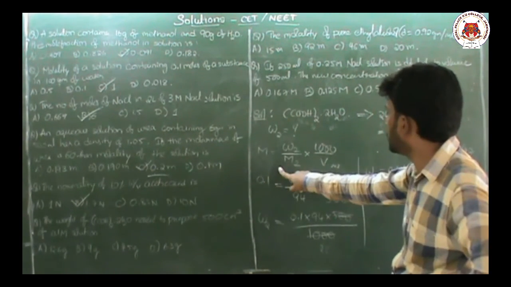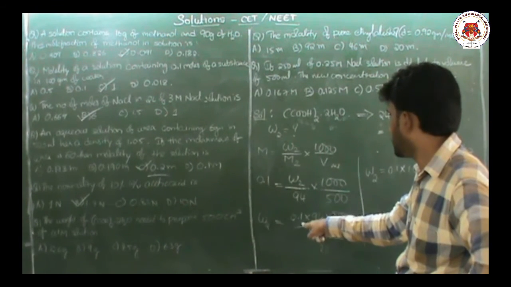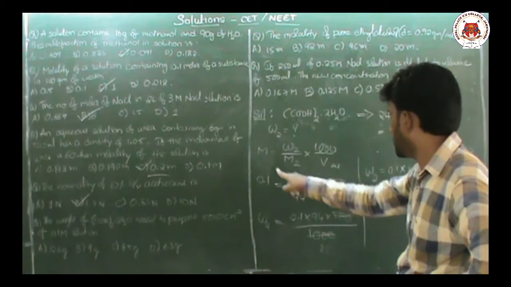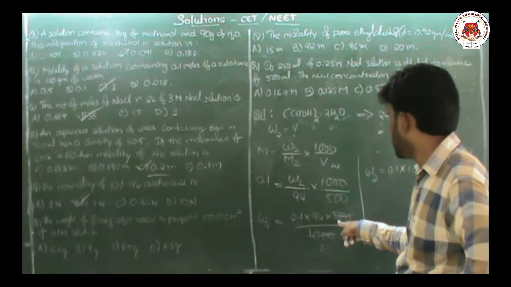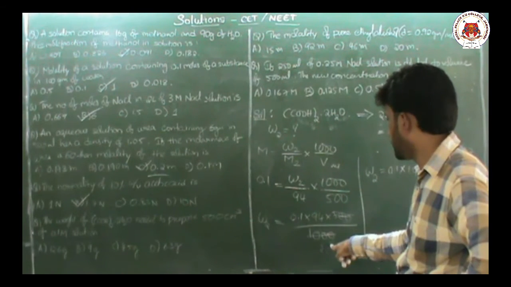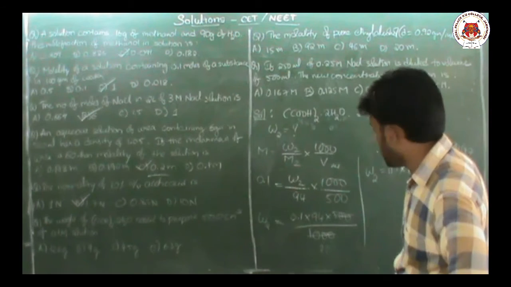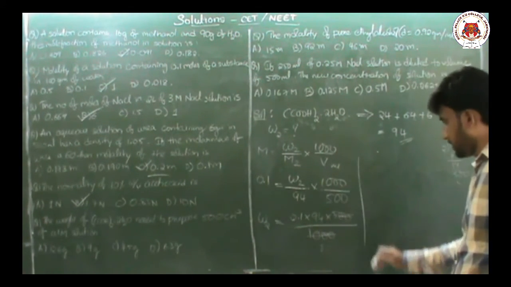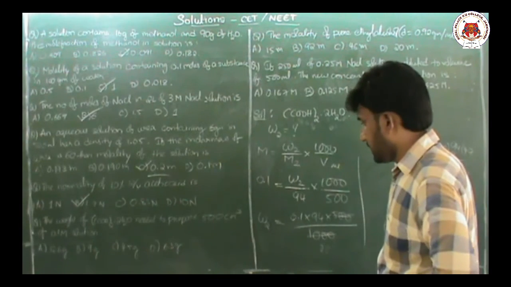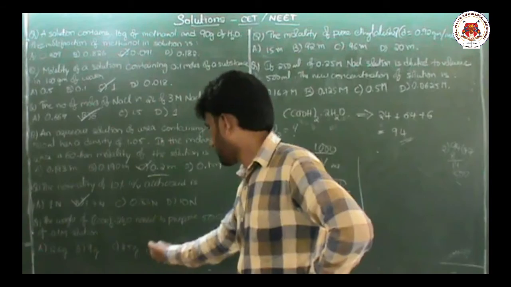Weight is equal to molarity into molecular weight into volume by 1000. Okay, correct. If you do this calculation, it comes around 6.3.